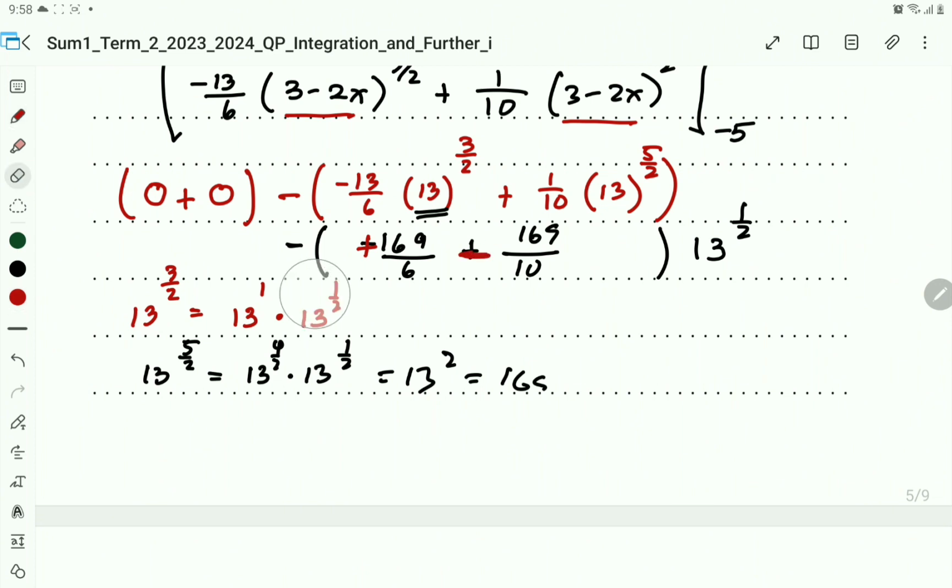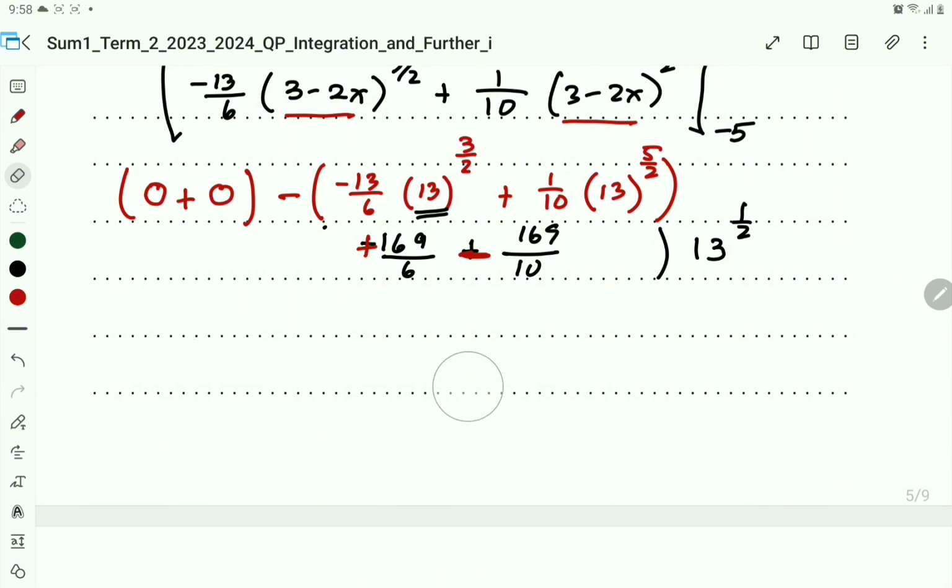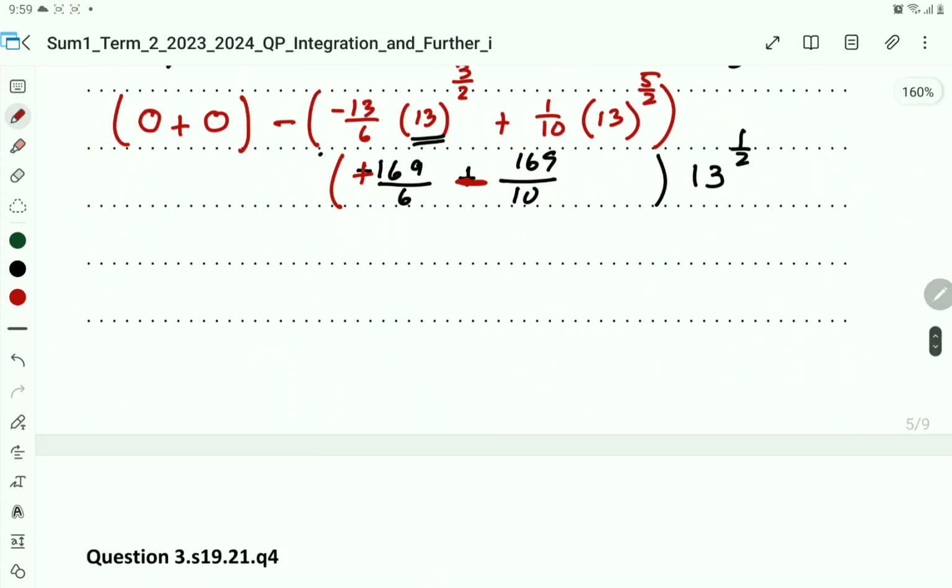Okay, so let's remove this one here and put the bracket. Let's simplify this. The common denominator is 30. So this is 5 times 169 minus 3 times 169 times square root of 13.